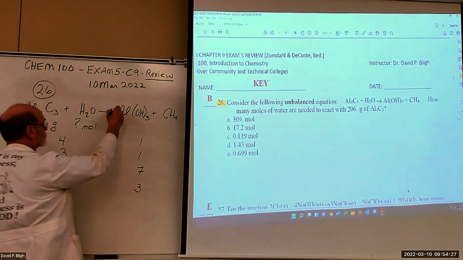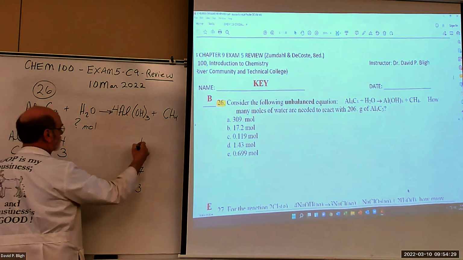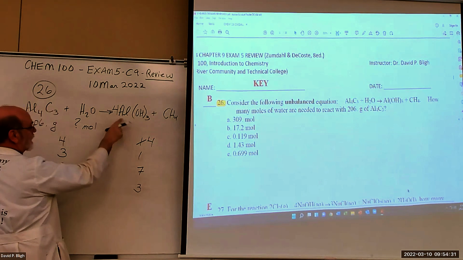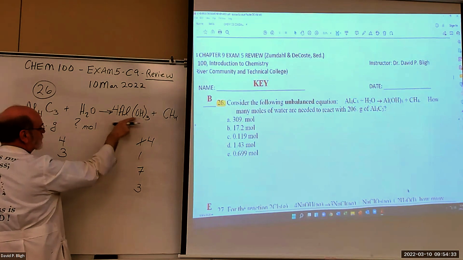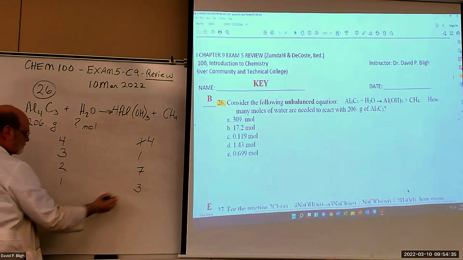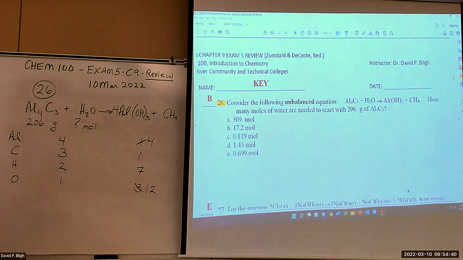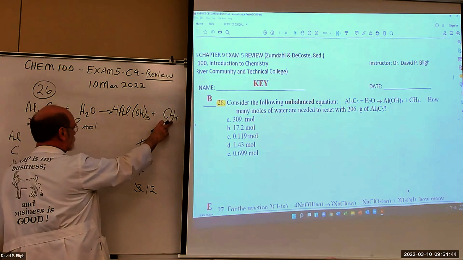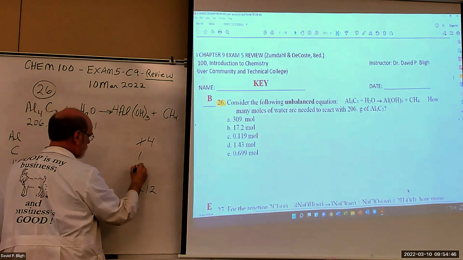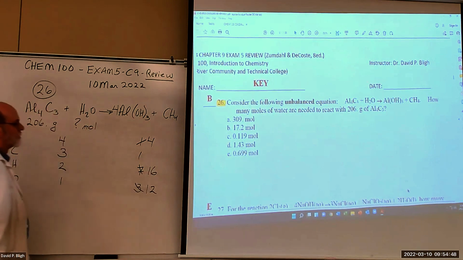Say 4 aluminums. That gives us 3 times 4 is 12 oxygens, and 12 plus 4 is 16 hydrogens. Correct?